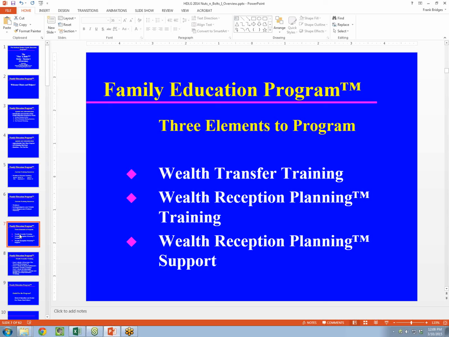Those are for the receivers of wealth so that they have an understanding of what to expect and what their role is in the plan that our clients have actually prepared. And then when the actual plan is being implemented, we provide support for the receivers of the wealth as well as part of our program.